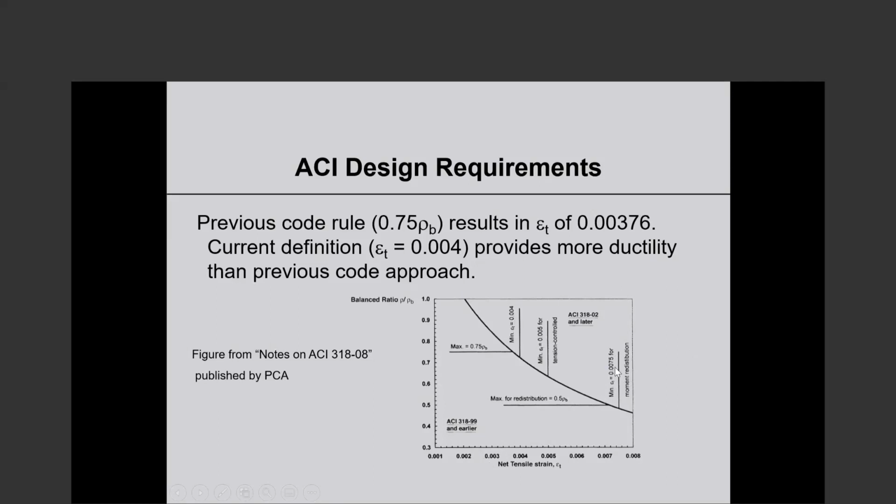0.0075 allows you to redistribute bending moments. Before unified design, the maximum reinforcement ratio used to be 75% of rho balanced.